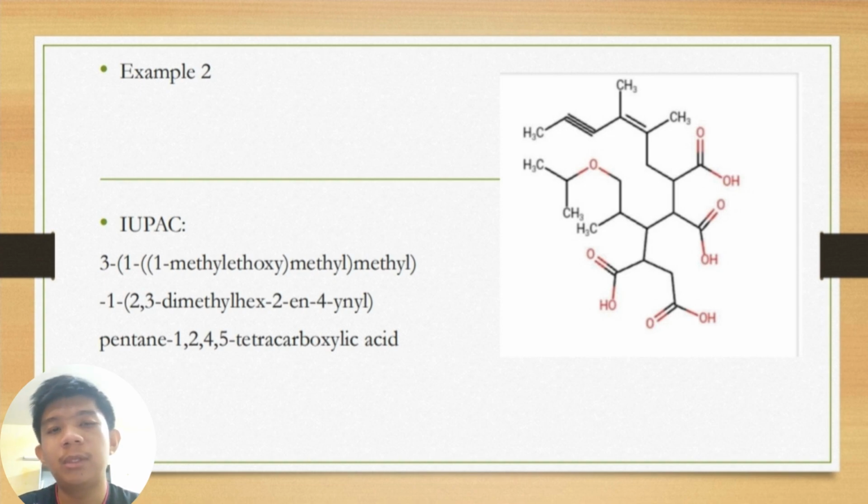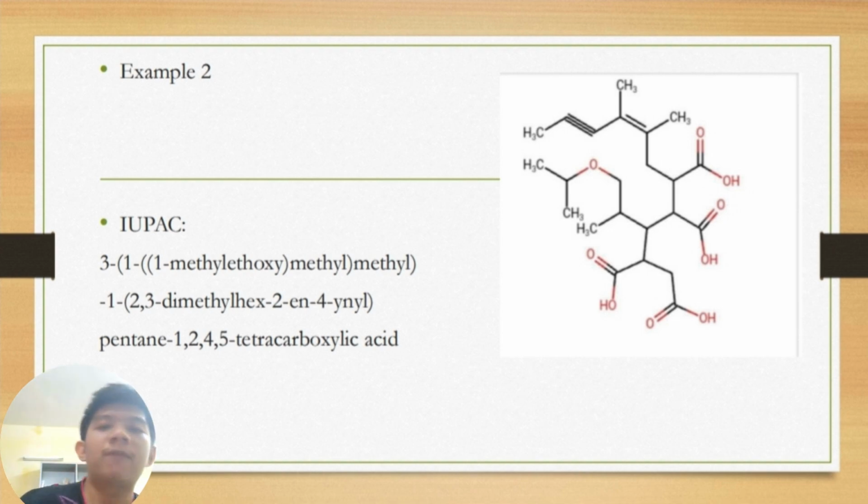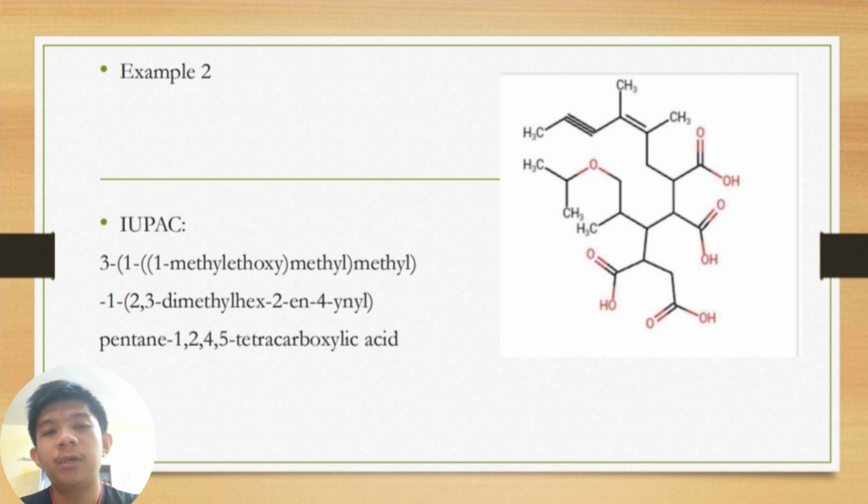So we name the substituents, and then we arrange them in alphabetical order. Notice that one starts from methyl, one starts from dimethyl. You might think that this is dimethyl, it starts from D, so it should be the first one. But di is a multiplier, so we don't look at that.